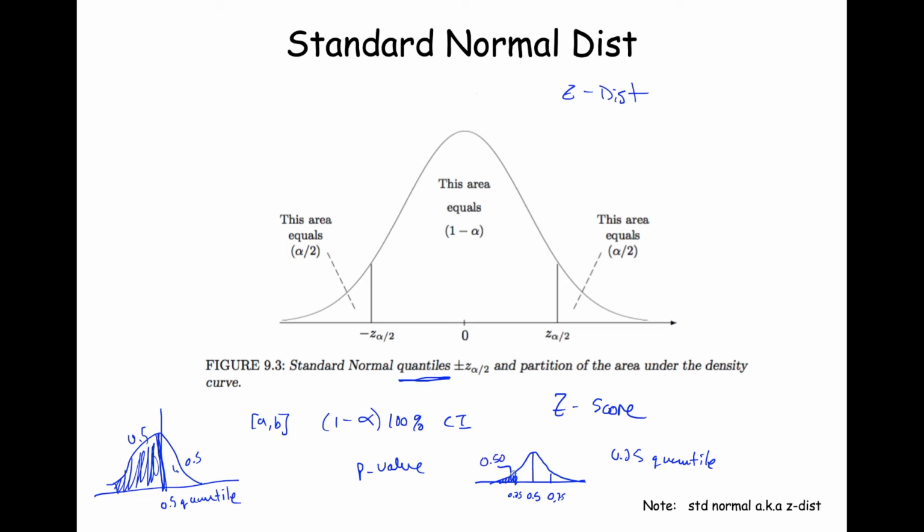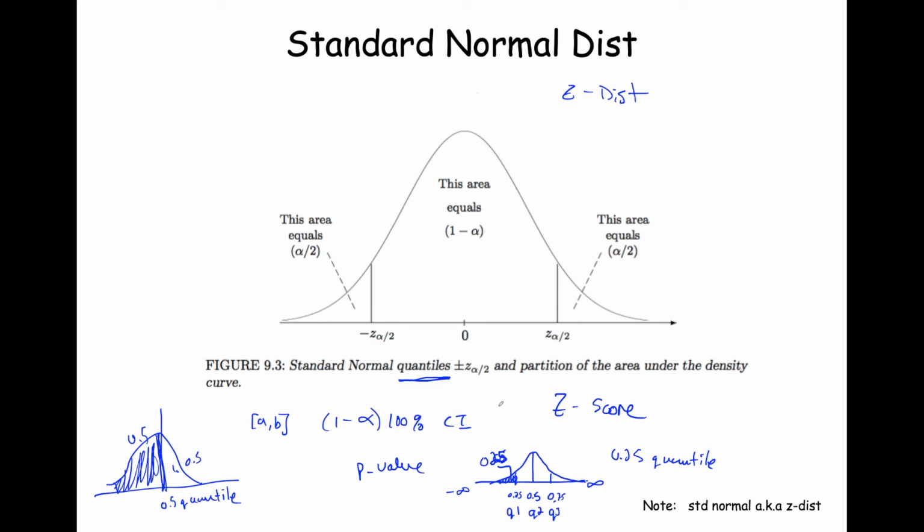Because remember, if you take the integral under the probability curve from minus to plus infinity, that probability sums to 1 if it's discrete, and it integrates to 1 if it's continuous. So the 0.25 quantiles chop it into equal pieces of 0.25 in terms of total probability mass. We call this the first quartile, Q1, the second quartile, Q2, which is the median, and the third quartile, Q3. Then the fourth quartile is out here.